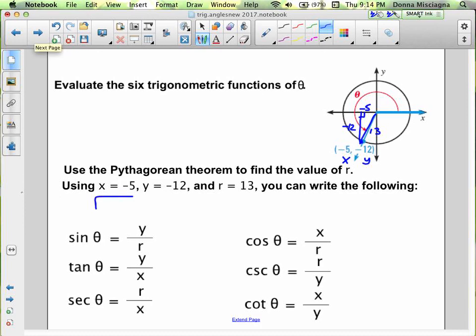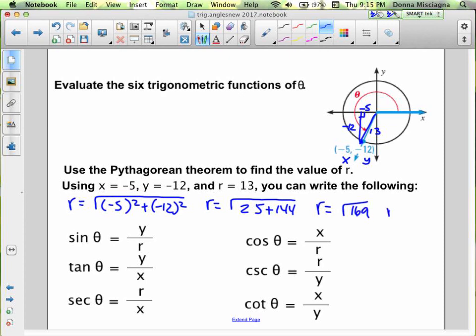So here, just in case, negative 5 squared plus negative 12 squared, which would be 25 plus 144, which is square root of 169, which is 13. Okay, that's how we got it. Now let's write all our ratios in. Sine is y over r, negative 12 over 13. Cosine is x over r, so negative 5 over 13.